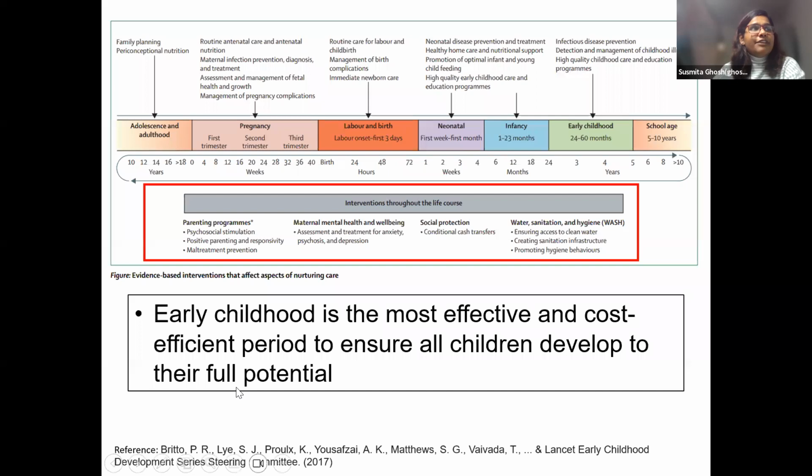For example, if we include stimulation in nutrition programs, that can improve developmental outcomes, which cannot be fully promoted through nutrition intervention alone. So we can say that early childhood is the most effective and cost-efficient period to ensure all children develop to their full potential.